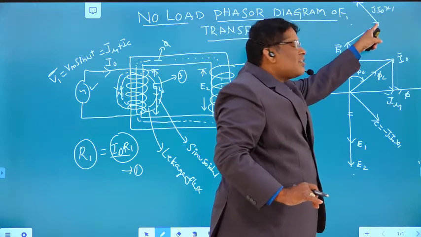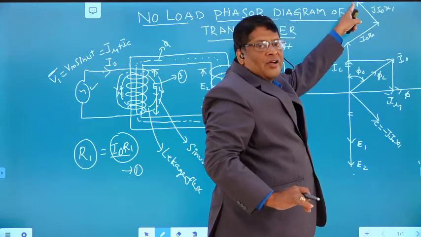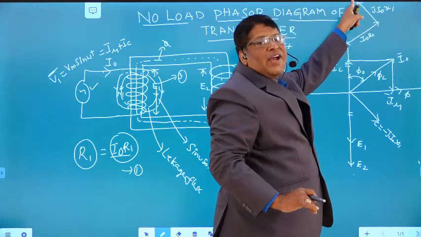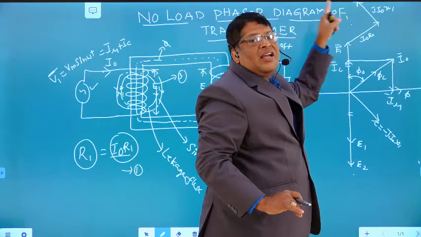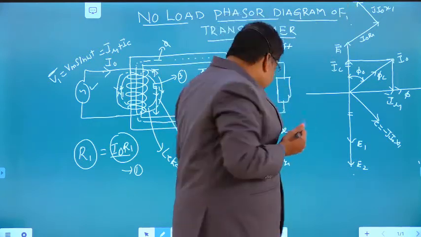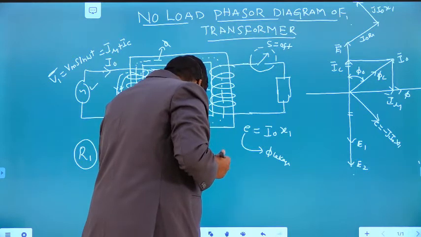From the tip of the resistance drop, we are drawing the phasor which is representing the leakage reactance drop.